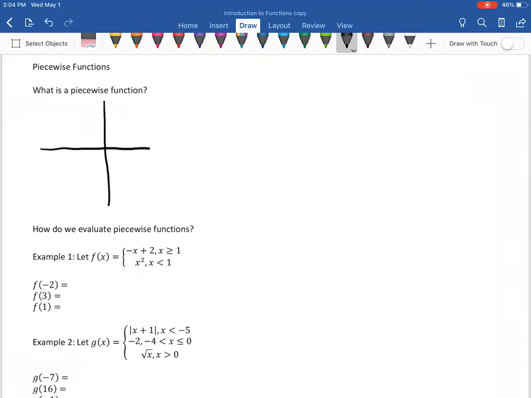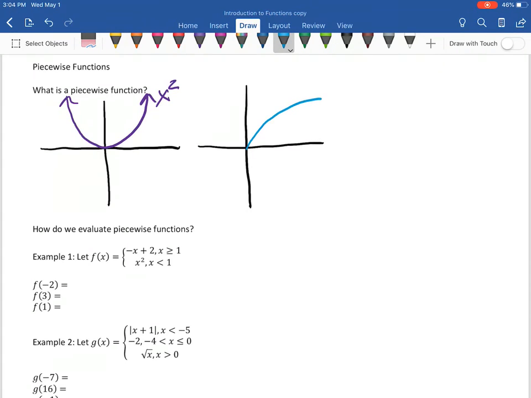So for example, if I had the function x squared, and let's say I had the function square root of x.